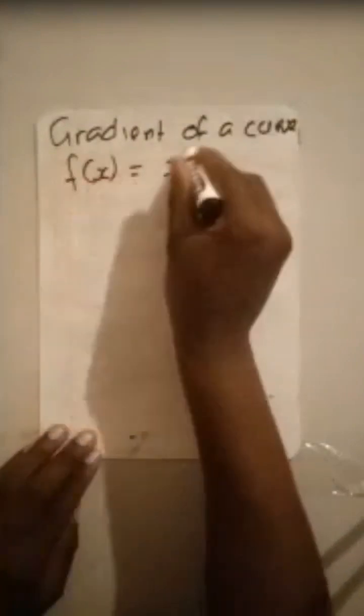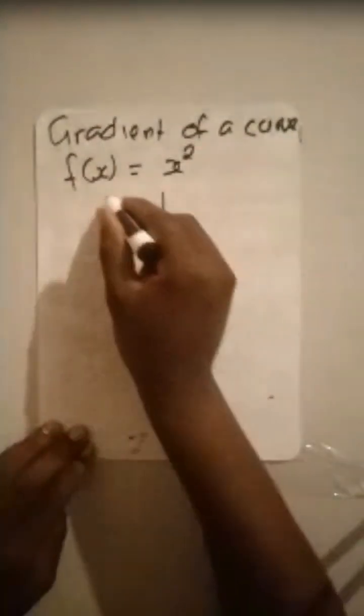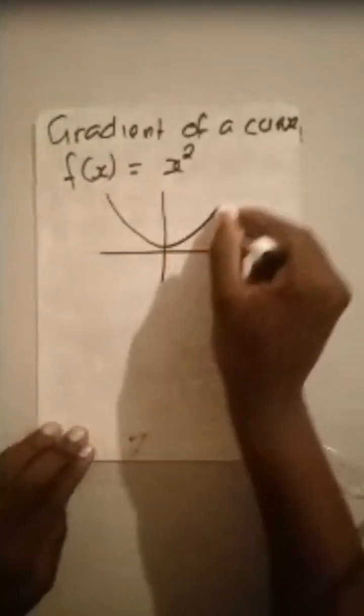Now, for a curve, the gradient of a curve. For example, we can have a curve f(x) = x squared. We know that this is a quadratic function, right? The curve looks like that.